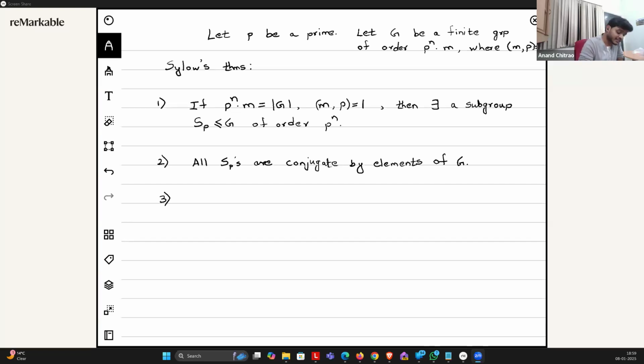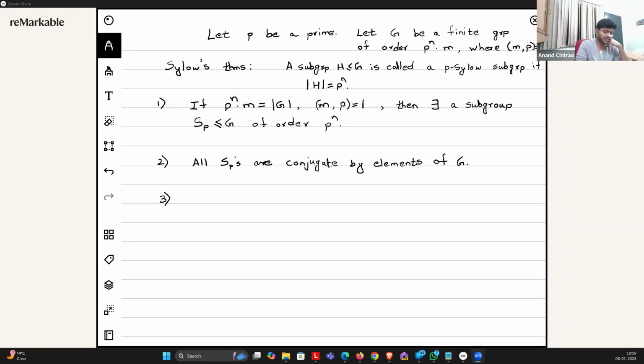Okay. Then a subgroup H of G is called a p-Sylow subgroup if the cardinality of H is equal to p to the n. Okay. So Sylow p-subgroups are p-groups. Their cardinality is a power of p, but the highest possible power of p which it can have.